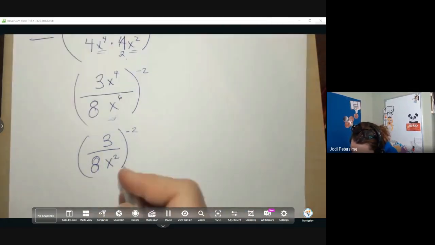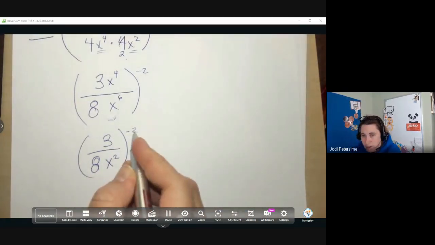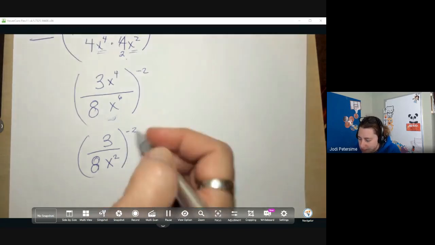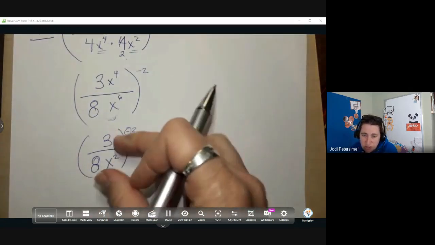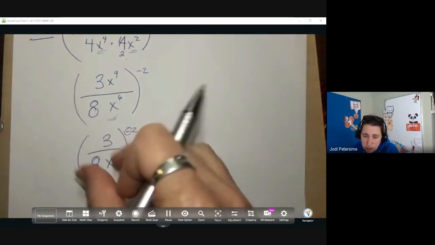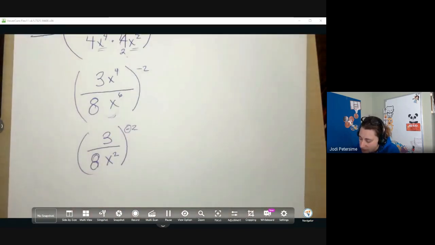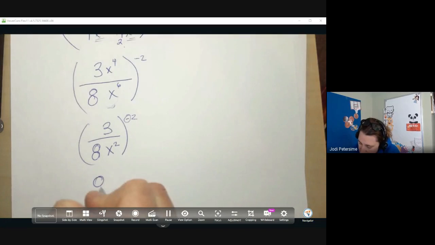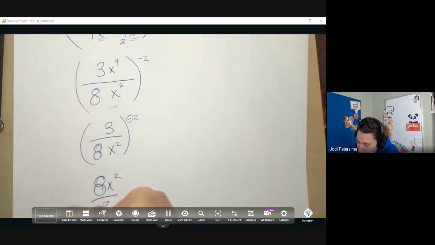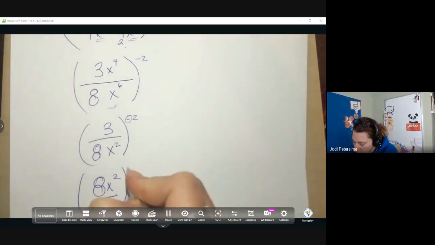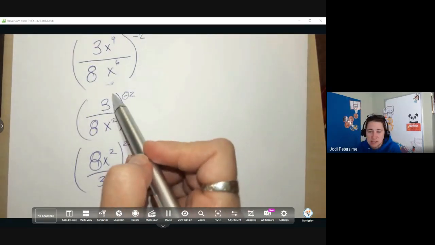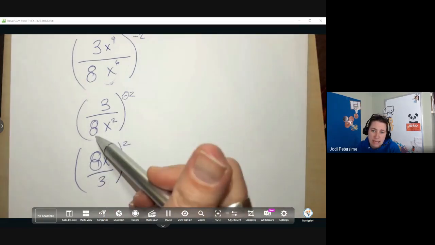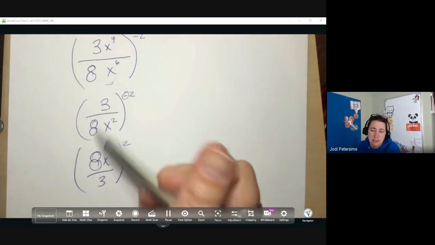All right, so this is saying 3 to the negative second power. Well, this negative on the outside of everything just basically means everything's going to flip and go to the opposite spot. So I'm going to deal with the negative first, because the 3 to the negative first power sends it to the bottom. 8 to the negative first power sends it to the top.